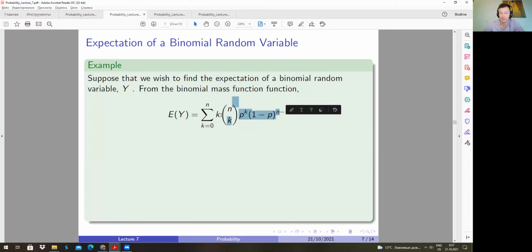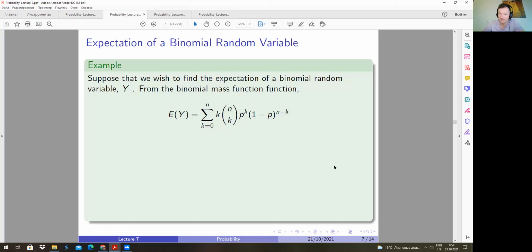I hope that this is familiar to you. This is the PMF of a binomial random variable, and I multiply this by k. And now the question is, go and find this sum. How to calculate this in general?